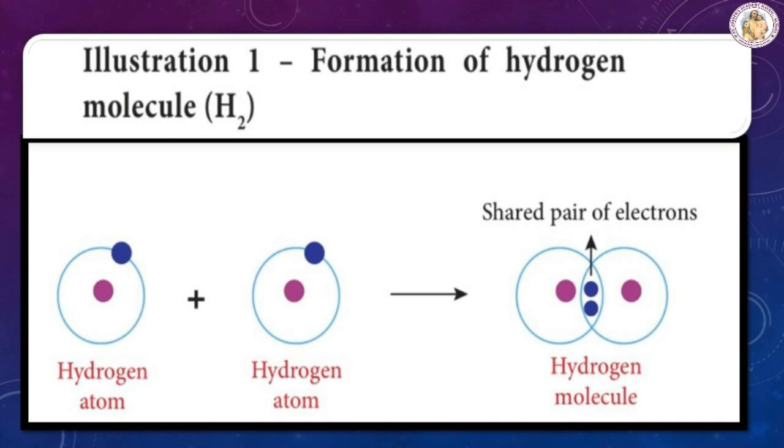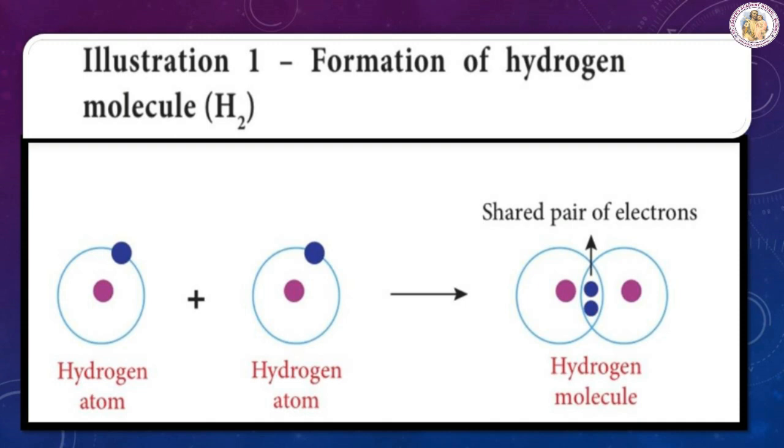Here in the figure, the hydrogen atom has only one electron in the outermost shell, so it needs one more electron to complete the stable electronic configuration. The second hydrogen atom also needs one electron.